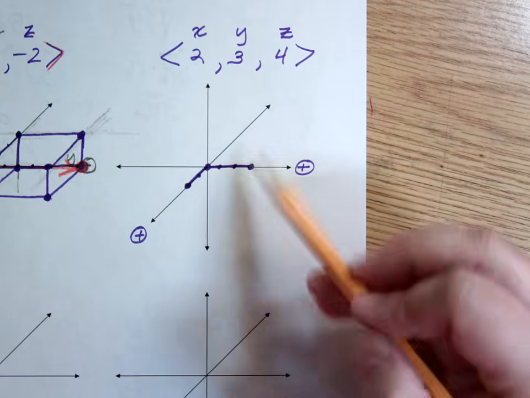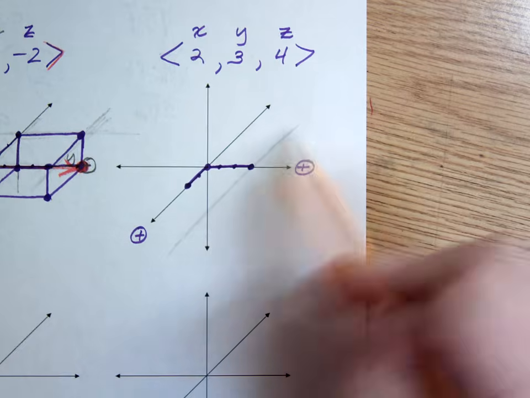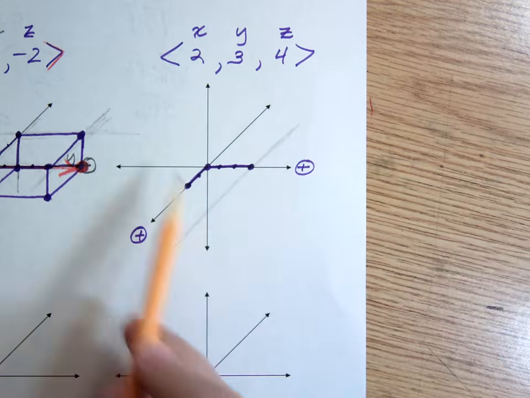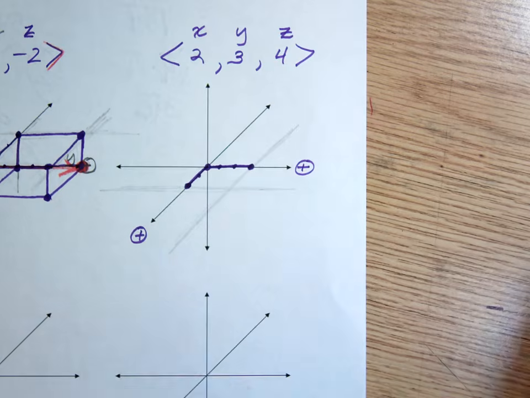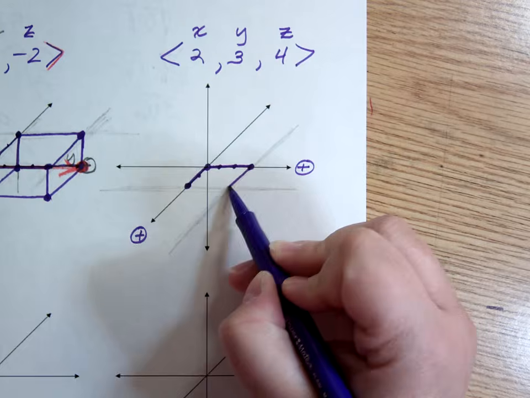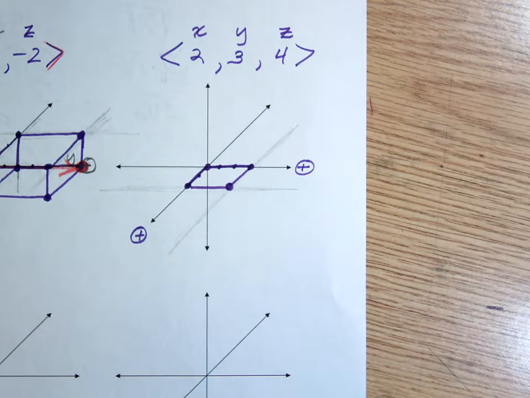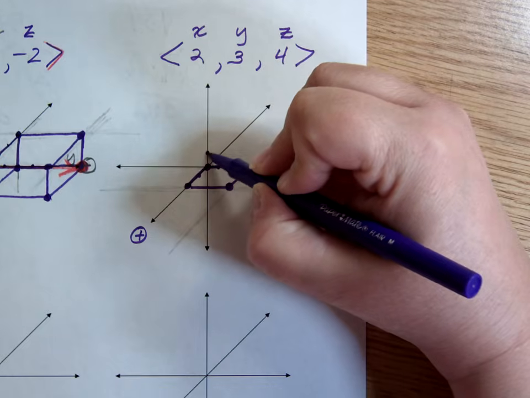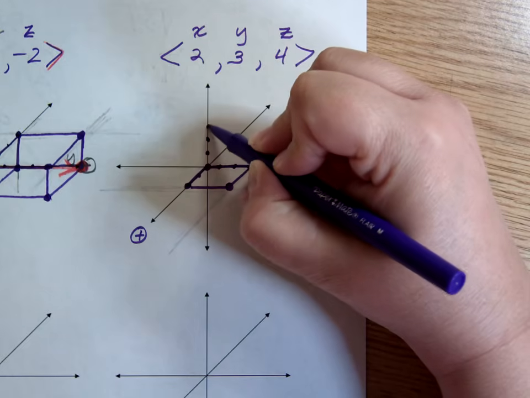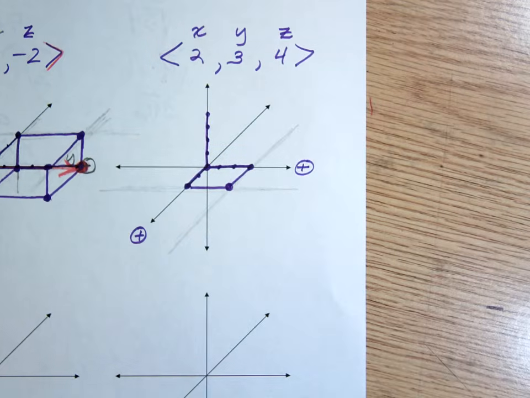You can help yourself by sketching. Notice I'm drawing a line that's parallel to the x-axis here, and a line that's parallel to the y-axis here. Right now we haven't used z at all, so everything is parallel to x and y. So this is where the 4th point of my parallelogram is going to be. Now I'm going to go up or down from here, and it's positive 4, so I'm going to go up 1, 2, 3, 4, and I'm going to mark that length.